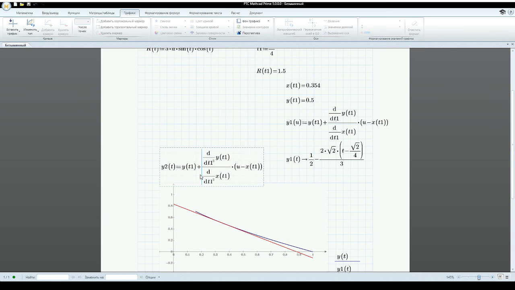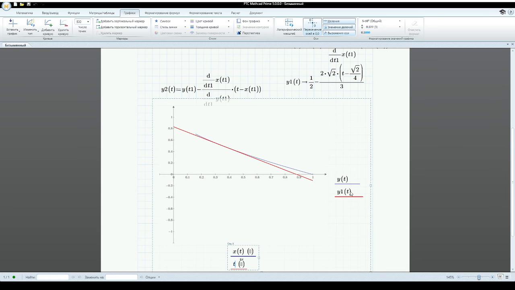Here minus, here x, here y, here t. And plot the next line.